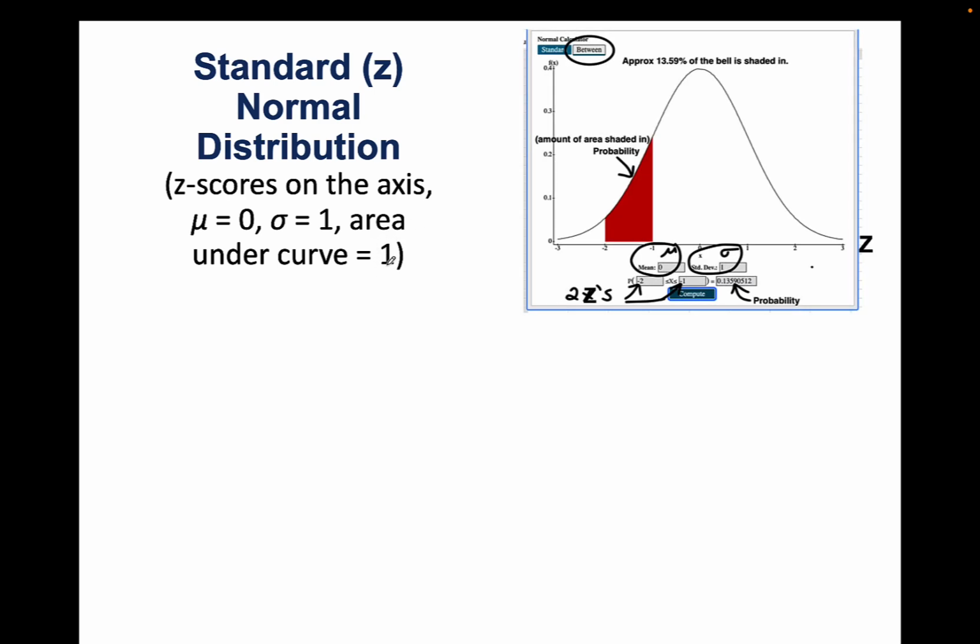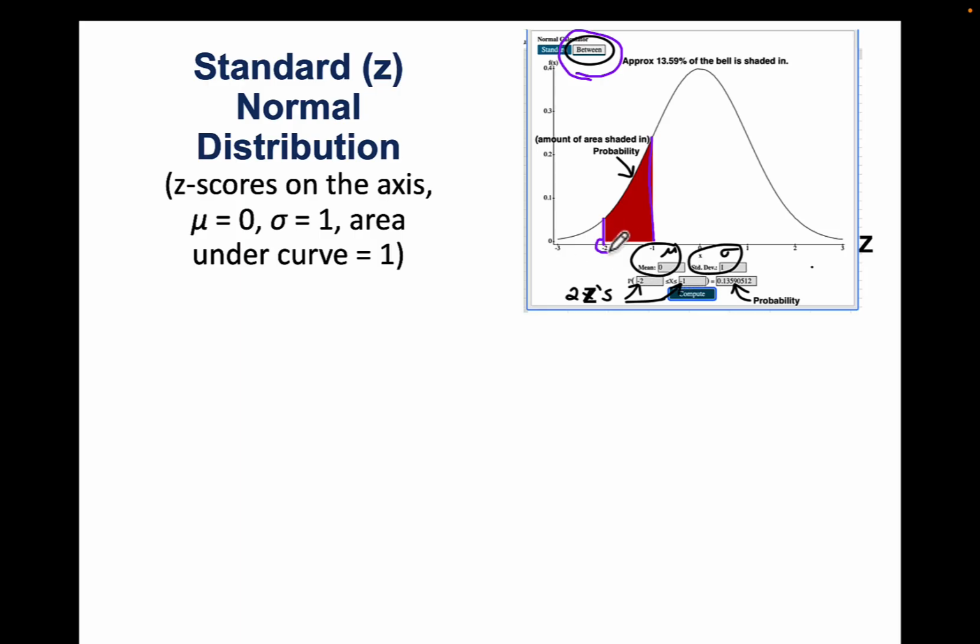What we see here is an example of a StatCrunch output screen. Notice for this particular example, the word between is selected, and that is going to give us a graph between two z-scores, should that be our task. Mean, or mu, is right here as 0. Standard deviation, or sigma, is right here as 1. And then in this inequality statement, we put our two z-scores.